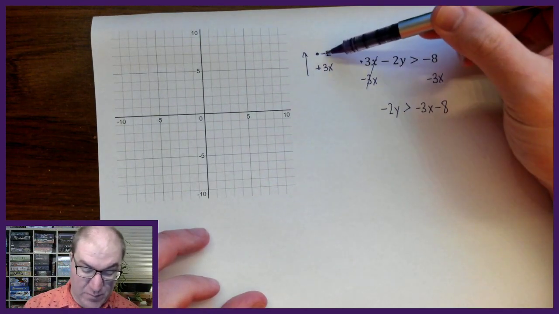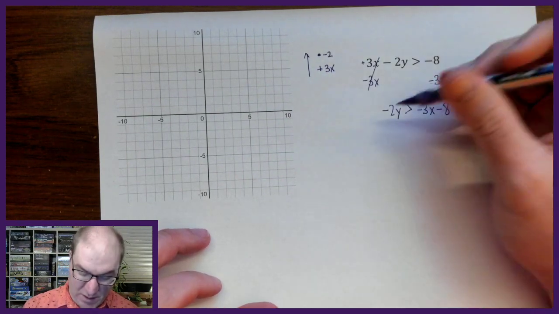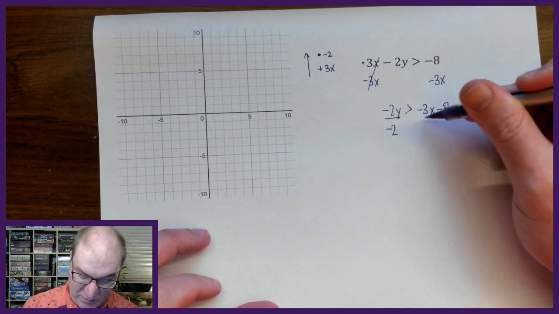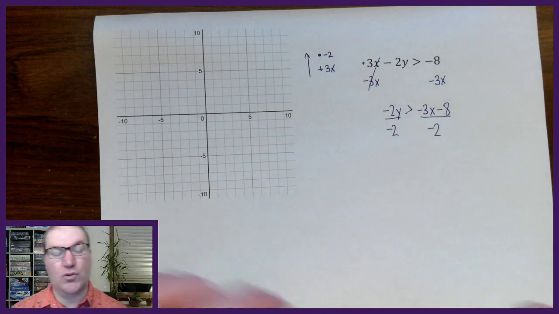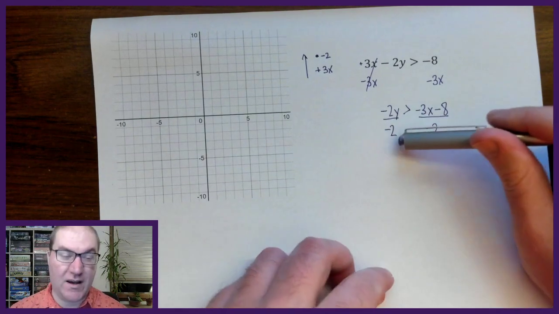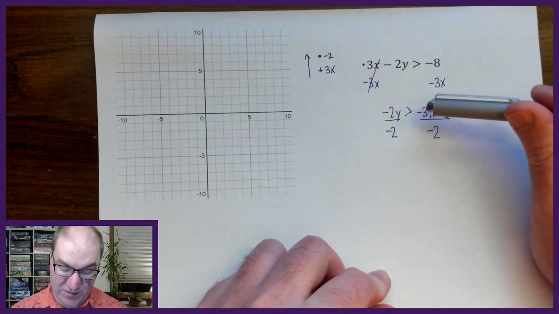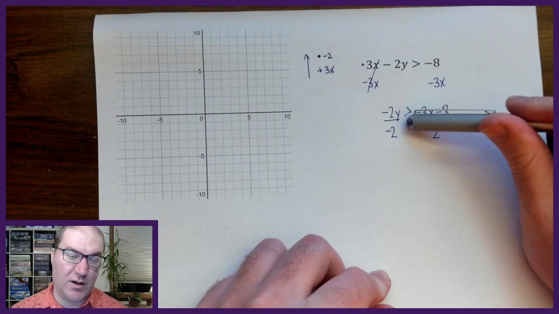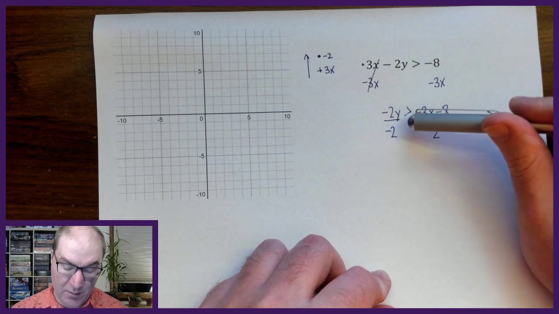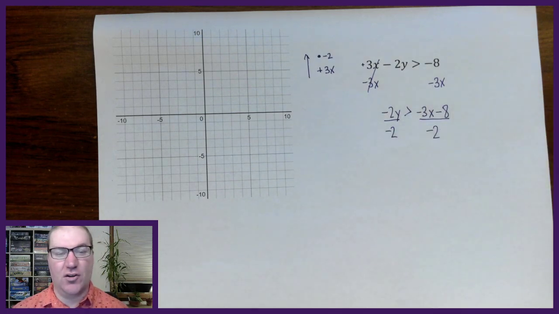The opposite of multiplying by negative 2 is dividing by negative 2. But there's a rule in inequalities. Whenever you divide by a negative, you must change the direction of the inequality.